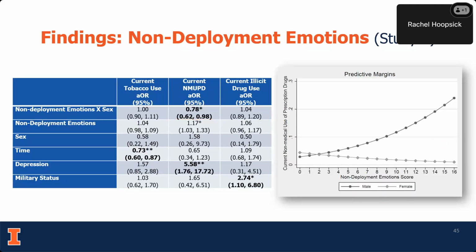And when we examine that further, we see that among male soldiers, greater non-deployment emotions were associated with a higher likelihood of current non-medical use of prescription drugs, but no relationship between non-deployment emotions and substance use among women.